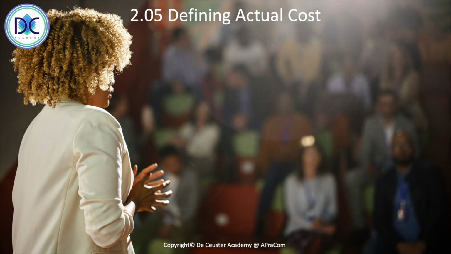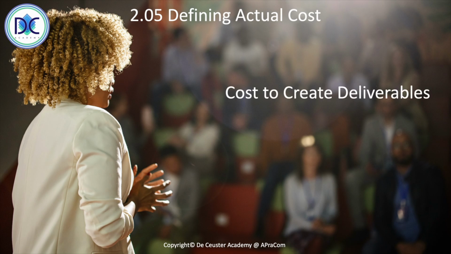In this video, I'm going to talk about the actual cost, how to define the third earned value management parameter, which is the actual cost. We look at the actual cost to create deliverables. So we start by defining the actual cost EVM parameter, AC.